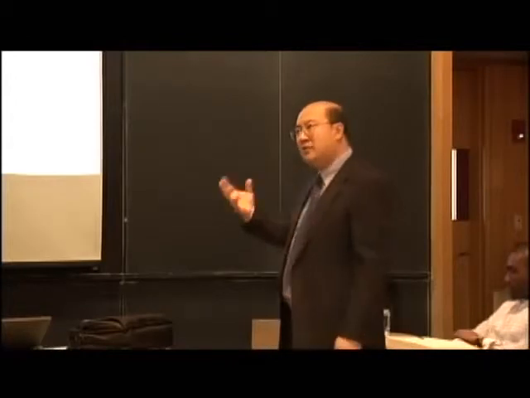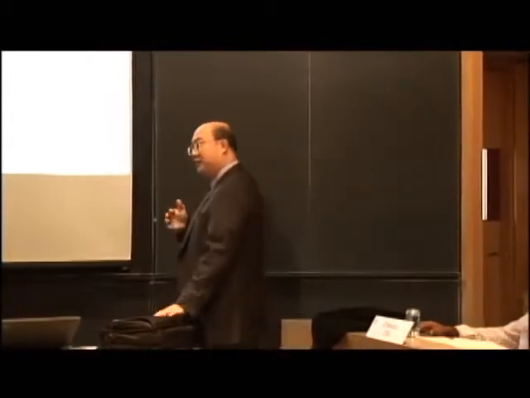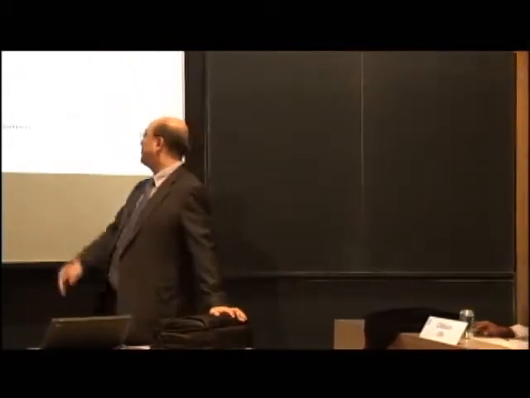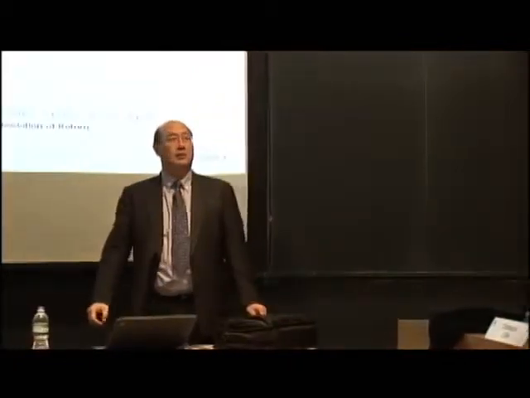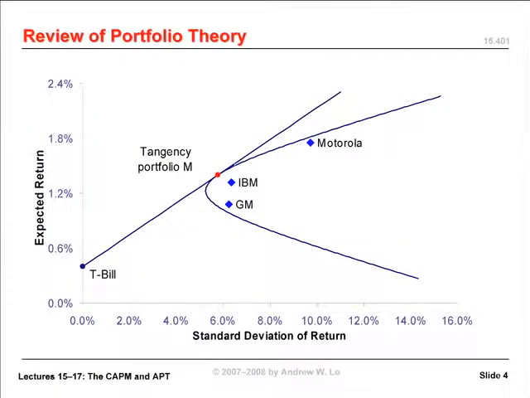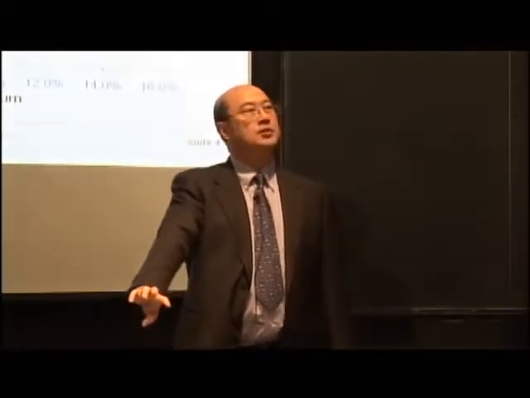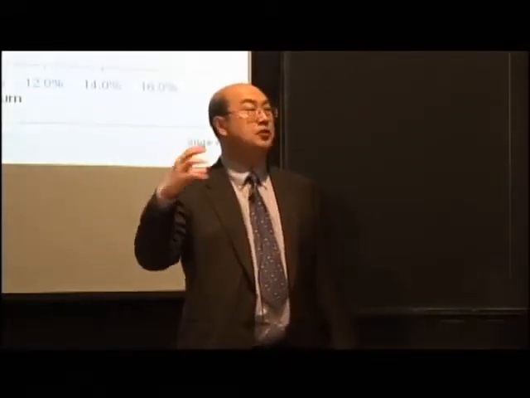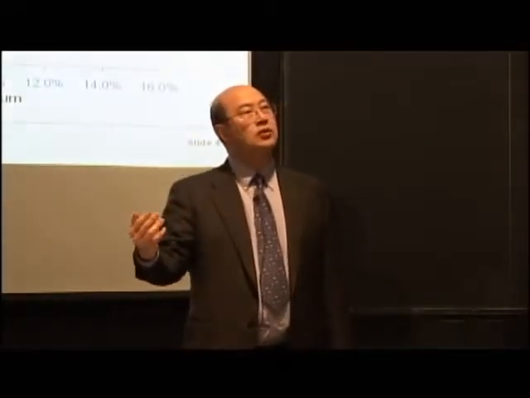Now, most investments are frankly not efficient. If you pick an arbitrary stock like IBM, that's not an efficient portfolio. It doesn't mean it's no good. It doesn't mean you don't want to hold it, but it means that you would never want to hold just IBM. Because if you mixed IBM with other stuff, you can always do better.